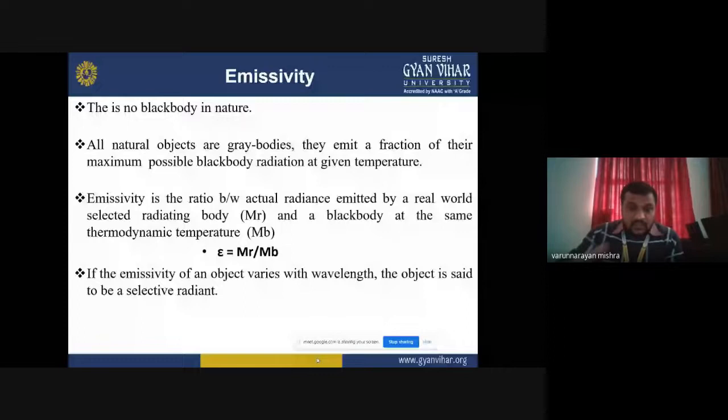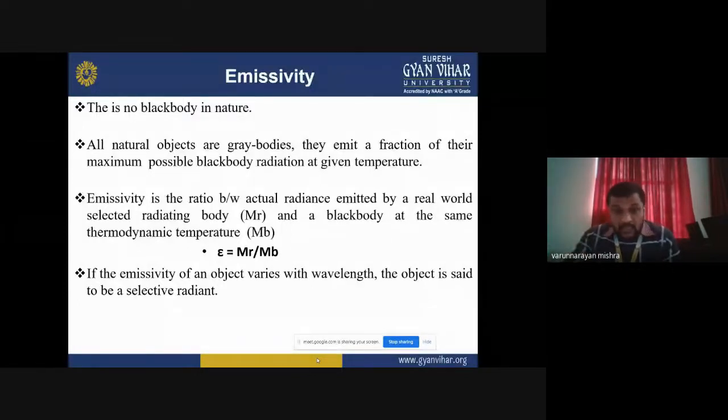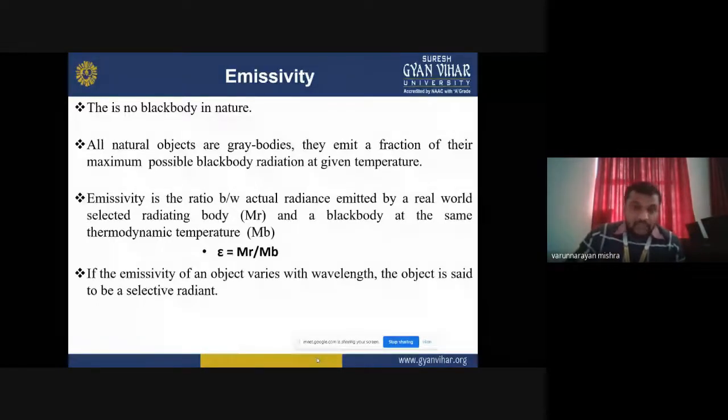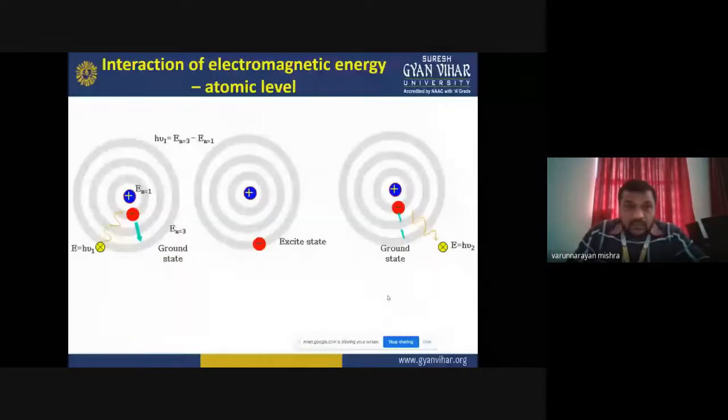Its equation is written here. Mr by Mb means the actual radiance emitted by a real-world object and the radiation emitted by a black body at a particular temperature and wavelength. If the emissivity of an object varies with wavelength, the object is said to be a selective radiator.